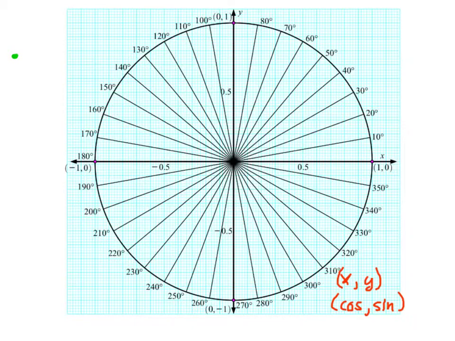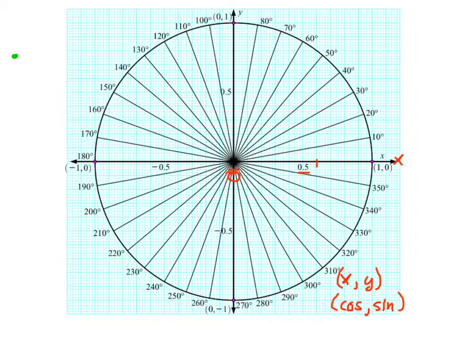So let's take the angle 30 as an example. Let's see if we can calculate the x and y coordinates for 30 degrees. First, let's fill in a little bit of missing information here on the diagram. We know that point 5 is right here. I'm dealing with the x-coordinates right now.